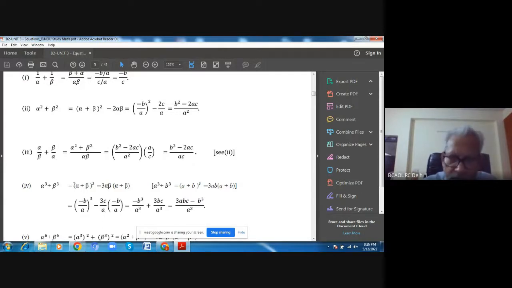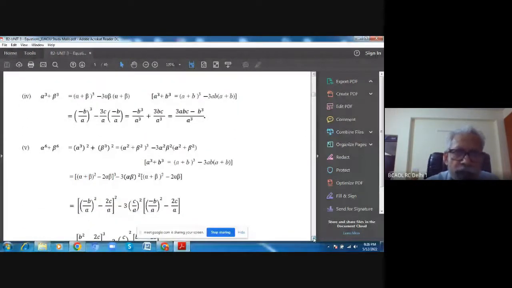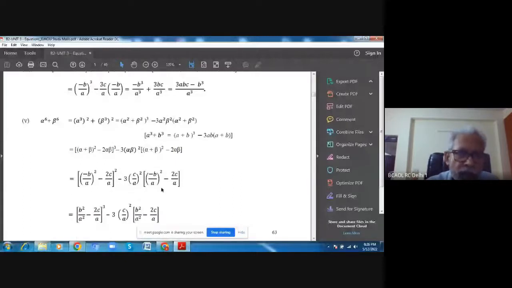Okay. Now coming to this portion, now it is alpha cube plus beta cube. So again it is a formula, a cube plus b cube equals a plus b whole cube minus 3ab times a plus b. You can put it here. So nothing is new here. You can do it simply. You have to put it in simple algebra and mathematics. And here it is a little lengthy because of the cube, so slowly you have to go.